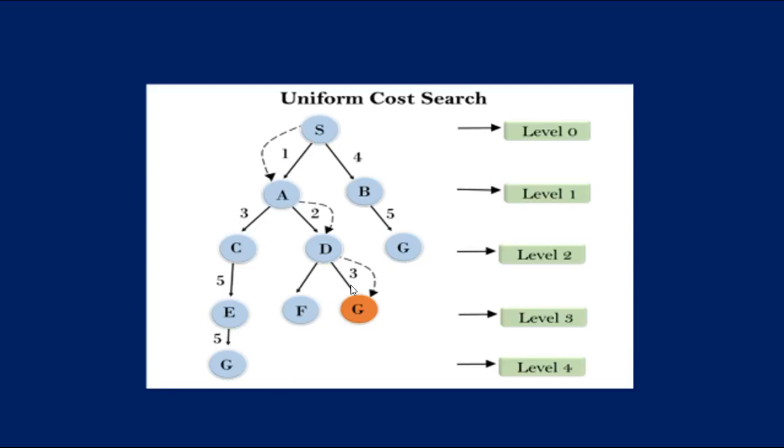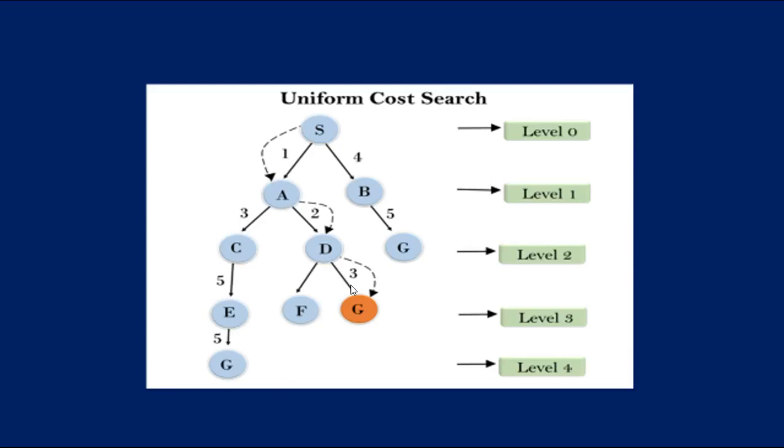So using uniform cost search, it reached the goal state in level 3. This is how uniform cost search is applied, by comparing two child nodes along with the weighted graph, choosing the lowest cumulative cost, and traversing from that.